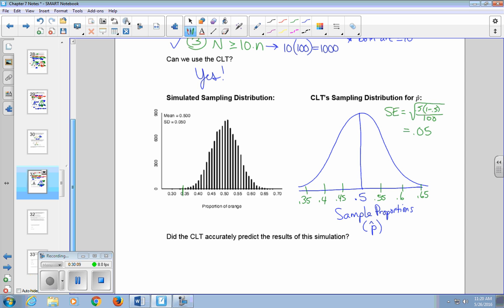Looks like 0.35 is roughly where it starts on the left. 0.65 is roughly where it stops on the right. Shape looks good. And the center looks like it's right around 0.5. So the central limit theorem accurately predicted the results of this simulation. You can say yes, it did. And the model is a good fit for what actually happened in the simulation.